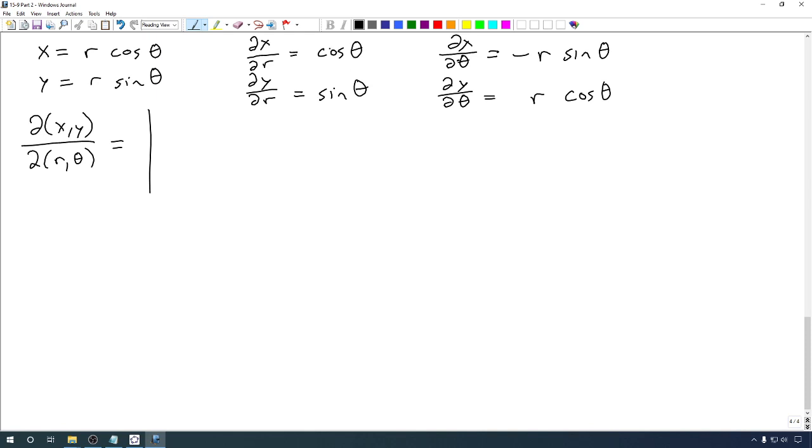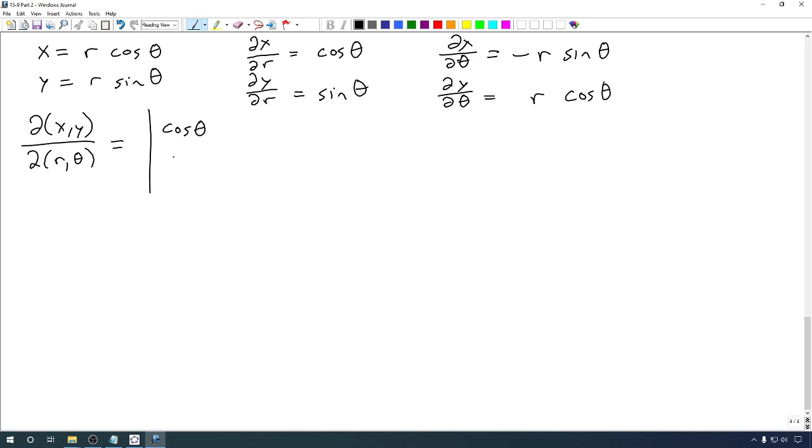Now, if you don't remember whether you put the r's on the first row and theta's on the second row, or you put the x's on the first row and the y's on the second row, it really doesn't matter. Essentially, if you flip this over the main diagonal, it's not going to change the result. So I'm just going to take the values in the order that I put them into our 2x2.